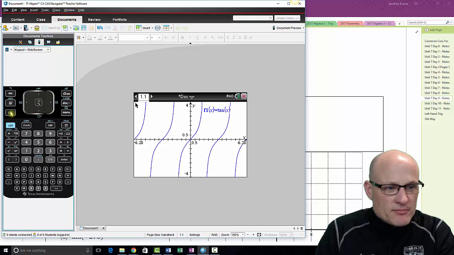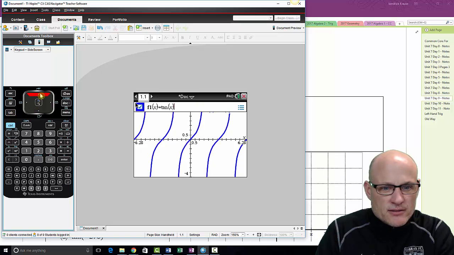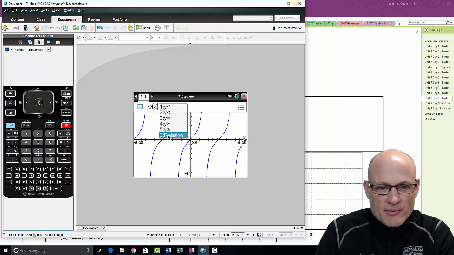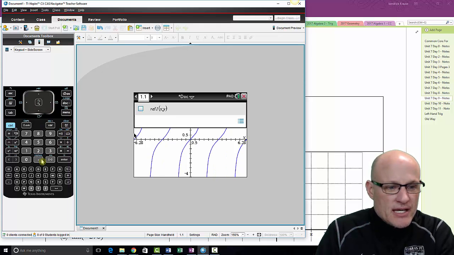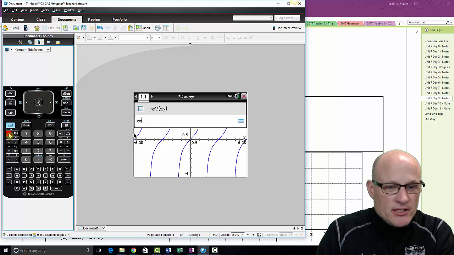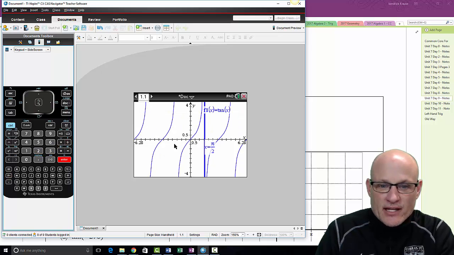Now let me graph those lines. I think I can graph them. Let's see if this thing lets me. Delete. Now this will let me graph the relation x equals pi divided by 2. Now if I graph that, there's that line right there. See it?